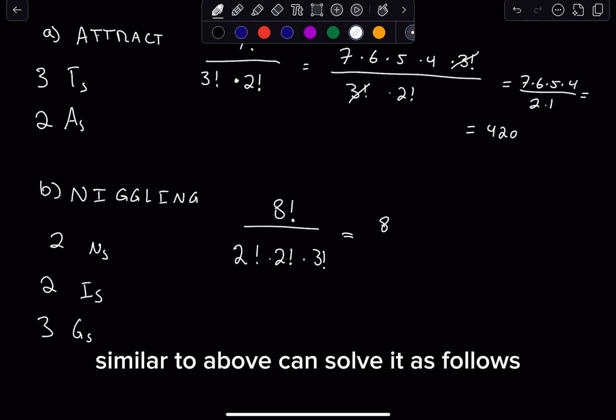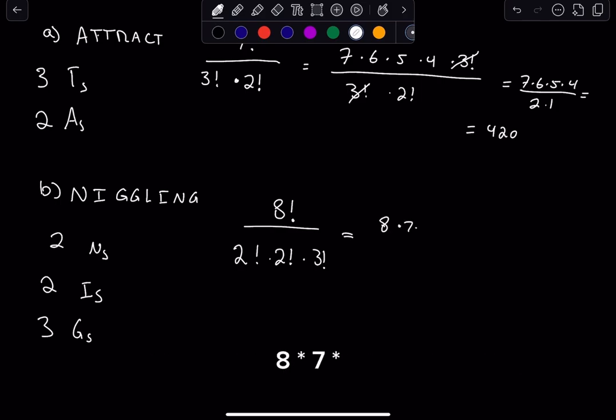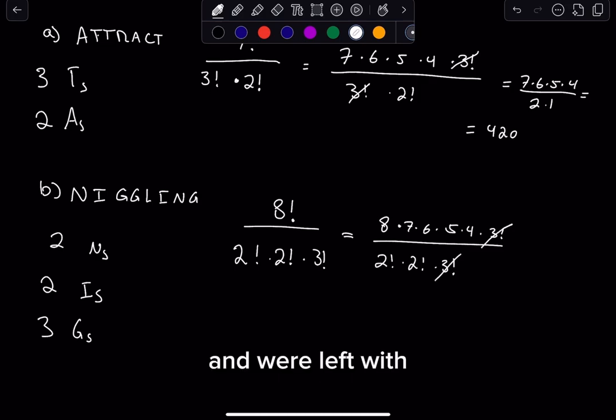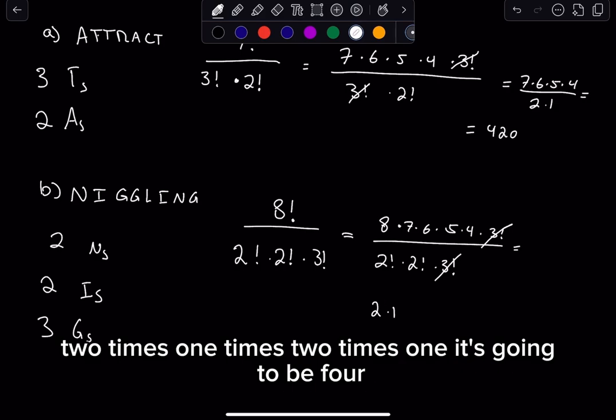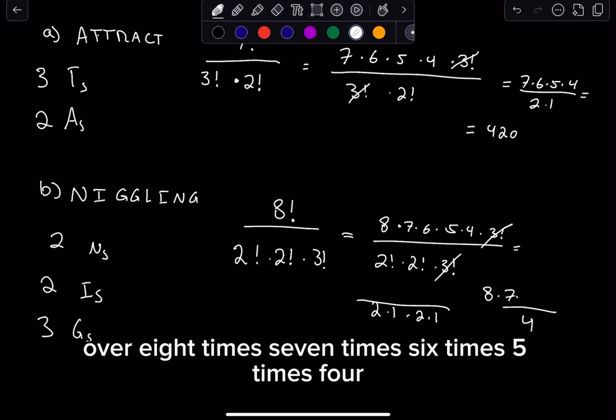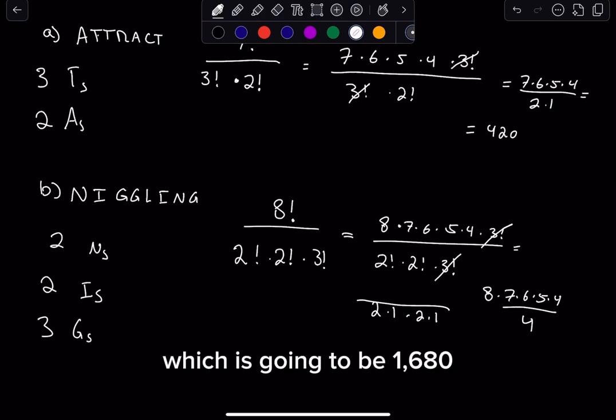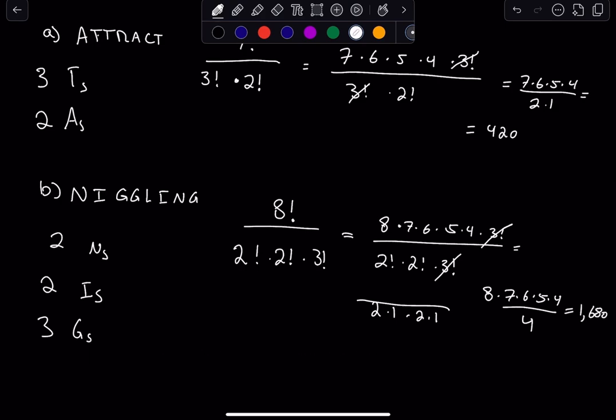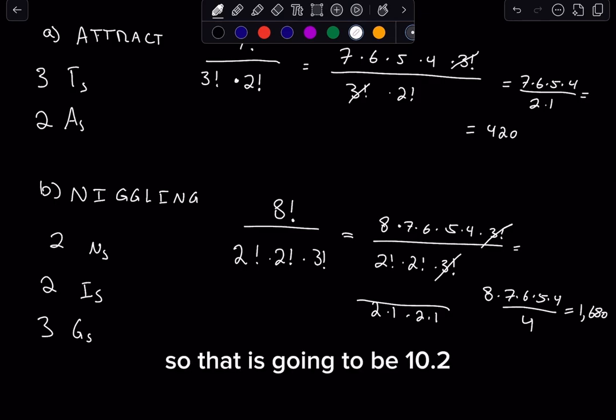Similar to above, you can solve it as follows. 8 times 7 times 6 times 5 times 4 times 3 factorial over 2 times 2 times 3 factorial, and we're left with 2 times 1 times 2 times 1, which is going to be 4, over 8 times 7 times 6 times 5 times 4, which is going to be 1,680. So that is going to be 10.2.